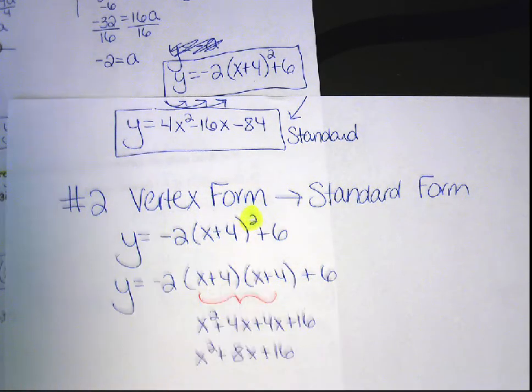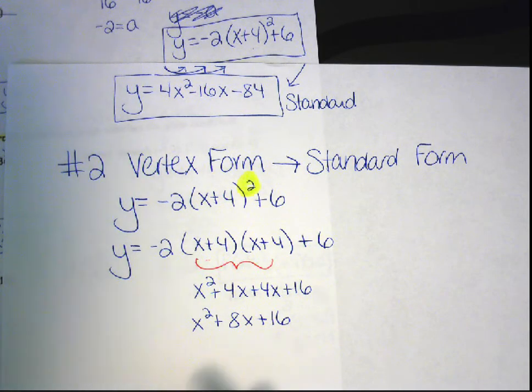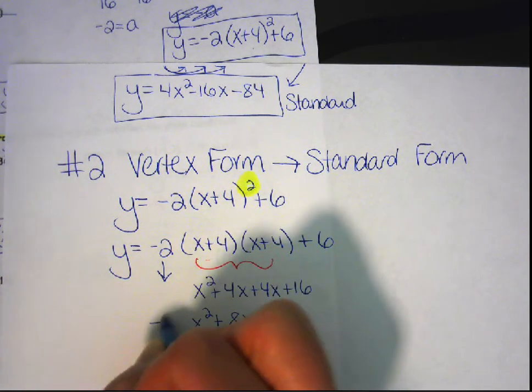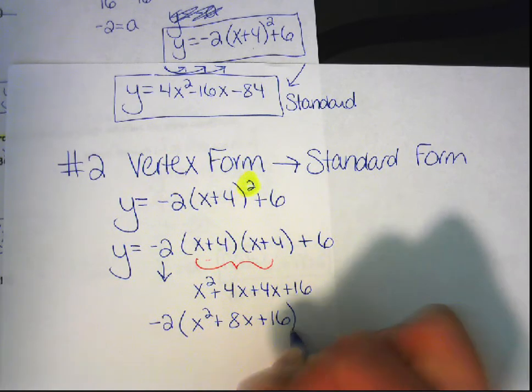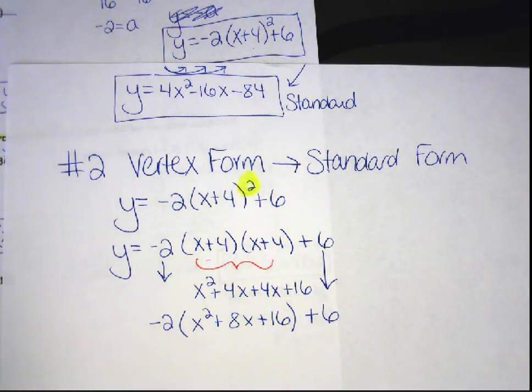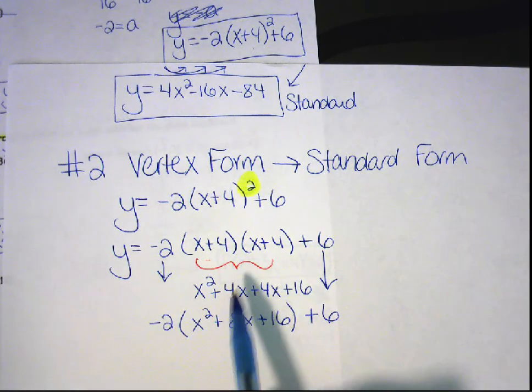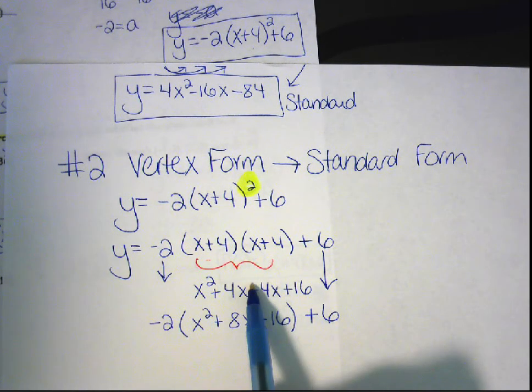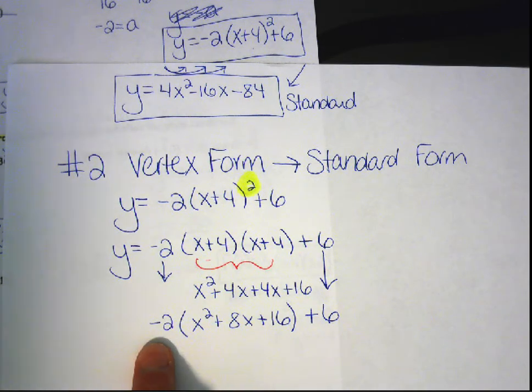If I put my middle 2 terms together, there's my trinomial. Now I still have this minus 2 and it's multiplied by, and I still have this plus 6 in the back. So the only thing I've done is just simply FOILed these out. I'm going to go ahead, still following my order of operations, and distribute.